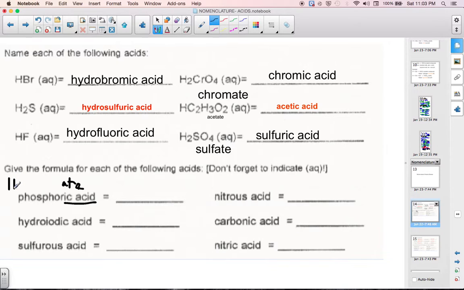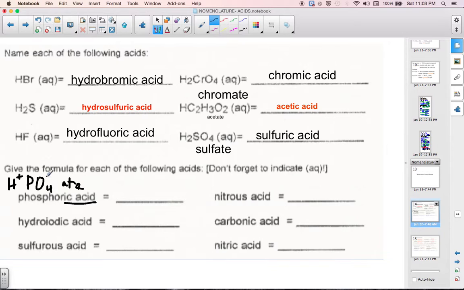We're going to add hydrogen always, right? And hydrogen is always a +1 charge. And I'm going to add that to the phosphate ion, PO4.